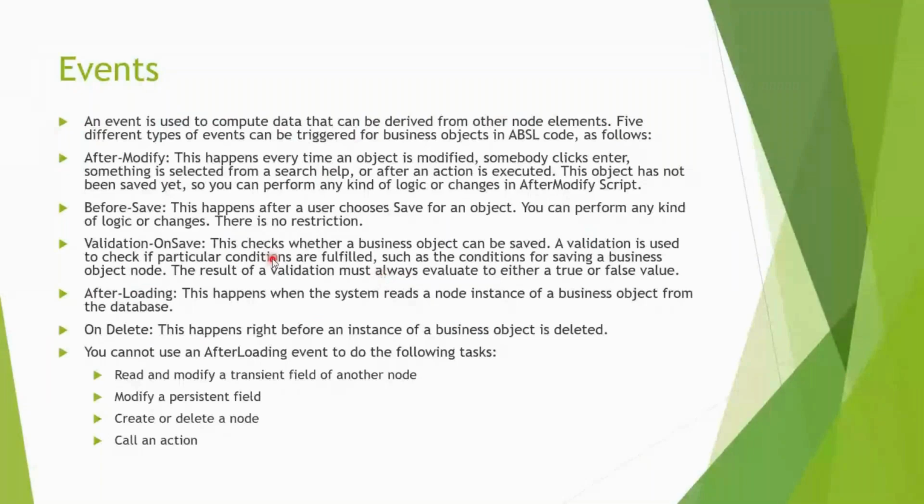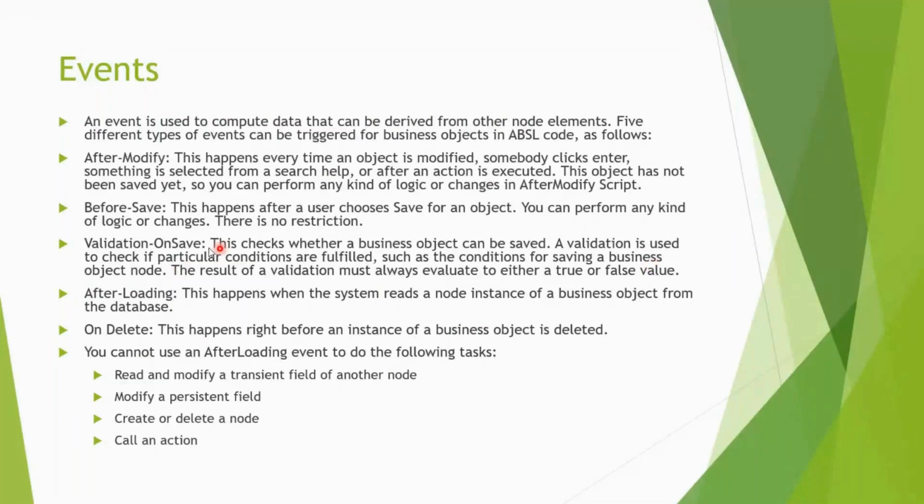This could also be an interview question, like let's say if we were updating some field, whether we can write logic in a validation on save or not. We can't update any field using the validation on save script. It is just for validation, true or false. It returns just true or false as a value. The other events don't have a return statement, but validation on save has a return statement.